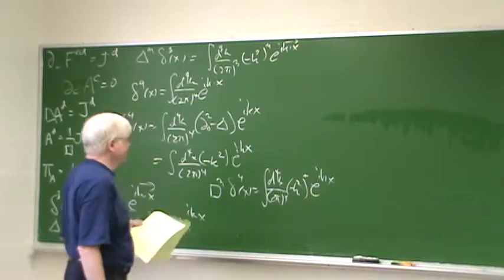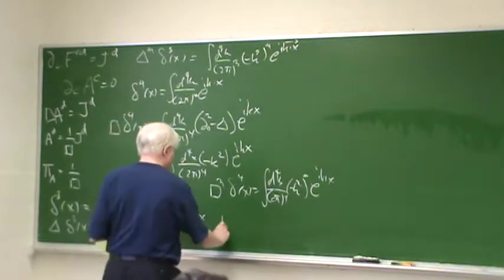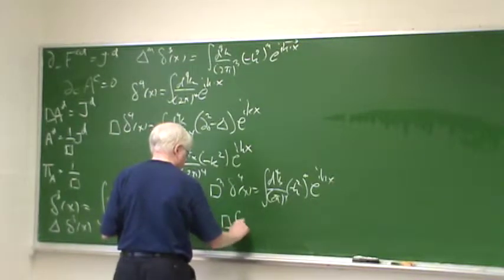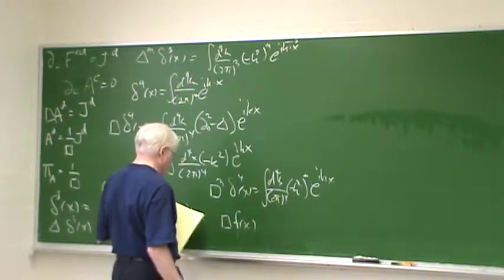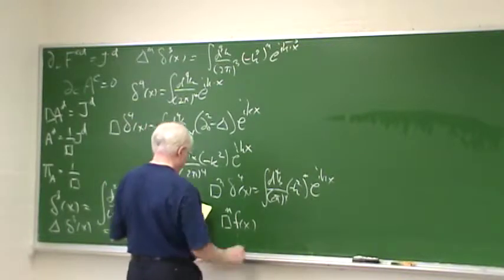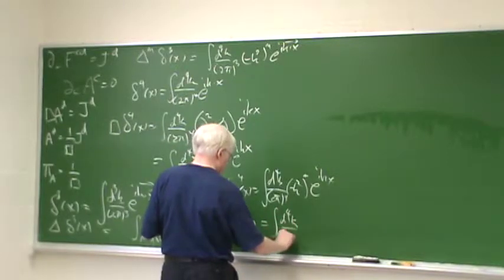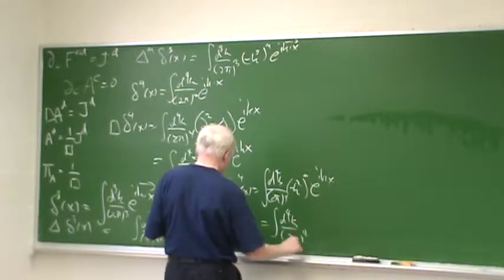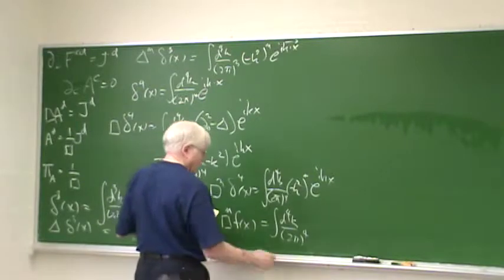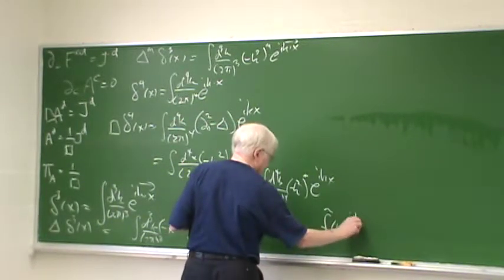And what makes a little more sense here is that if we have a smooth function f, then box to the n on f of x is an integral d4k over (2 pi) to the 4th, f tilde of k e to the i k x.